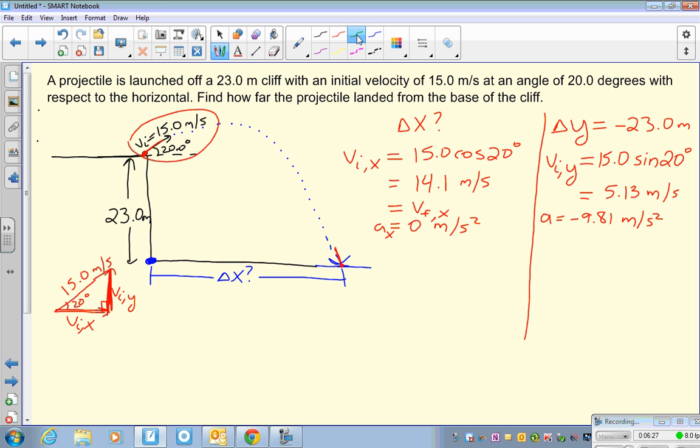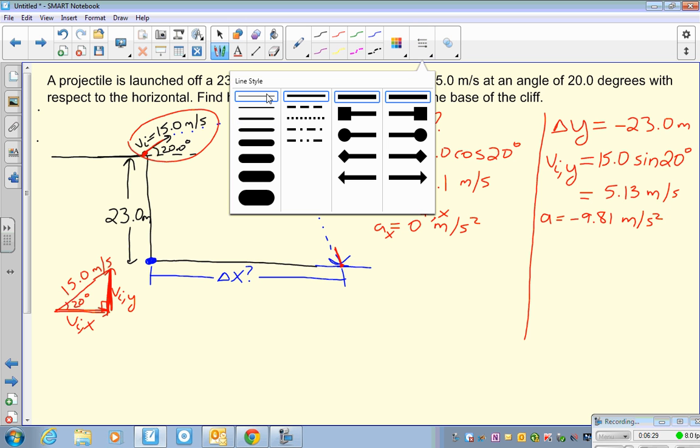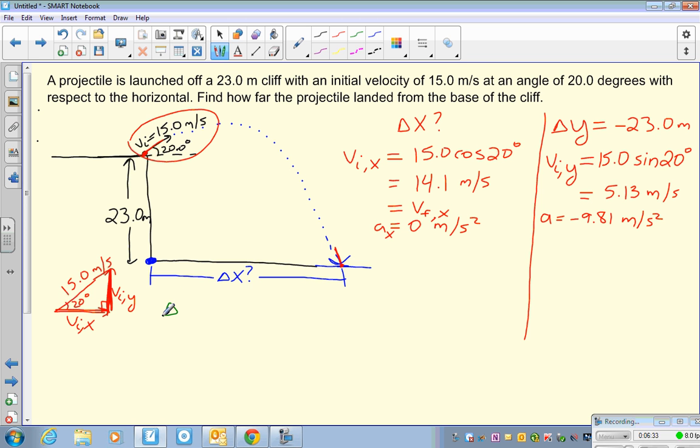Now that we're done with assumptions, we can actually try to solve the problem. So if you remember your equations, we have 4 of them. These are displacement equals 1/2 vi plus vf delta t. We know that delta x is also 1/2 acceleration delta t squared plus v initial delta t.